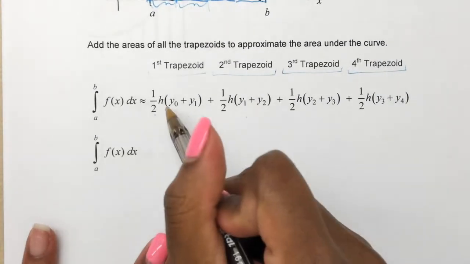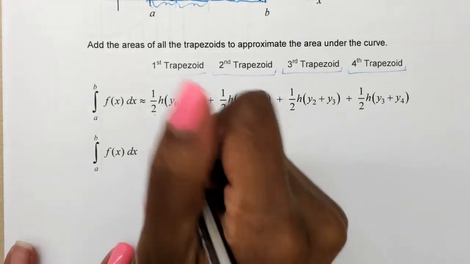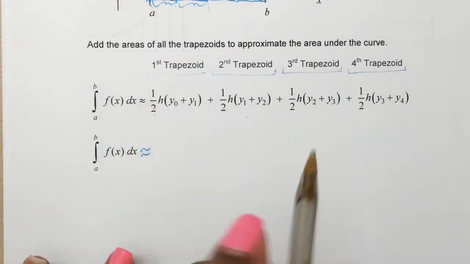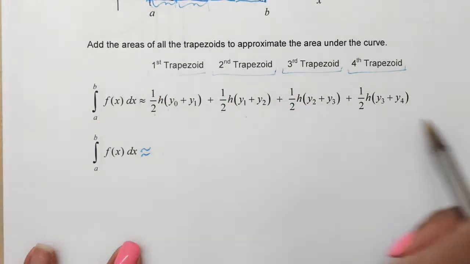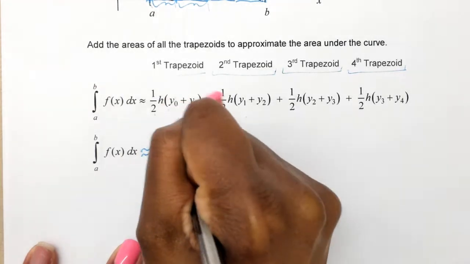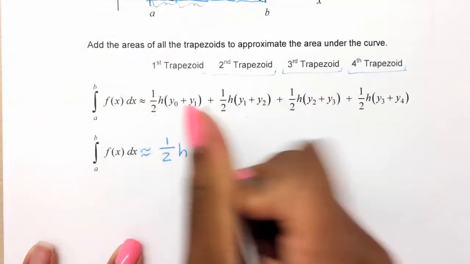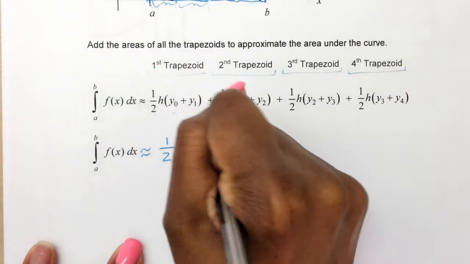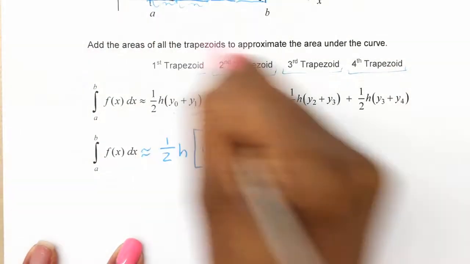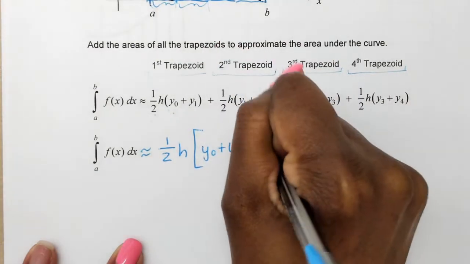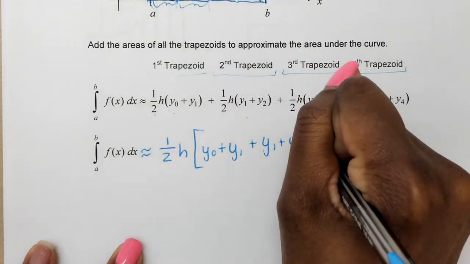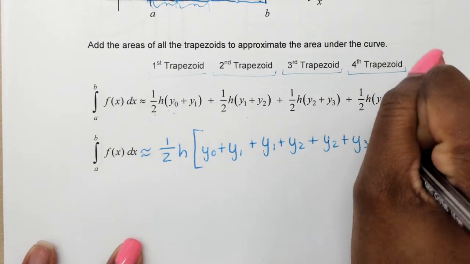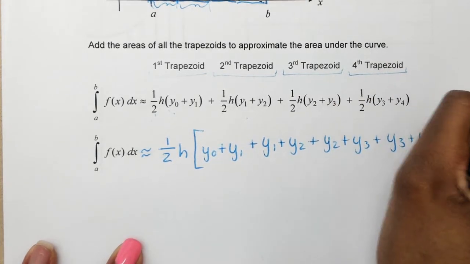Because all of these have the same subinterval of h, we can factor out a 1/2 h from all of these terms. Then we're just left with what's happening in the parentheses and adding them all up. So we have y0 plus y1, that's my first parentheses, plus y1 plus y2, plus y2 plus y3, plus y3 plus y4.